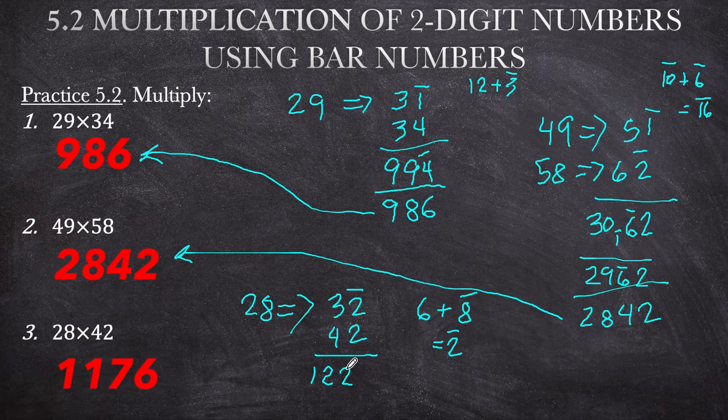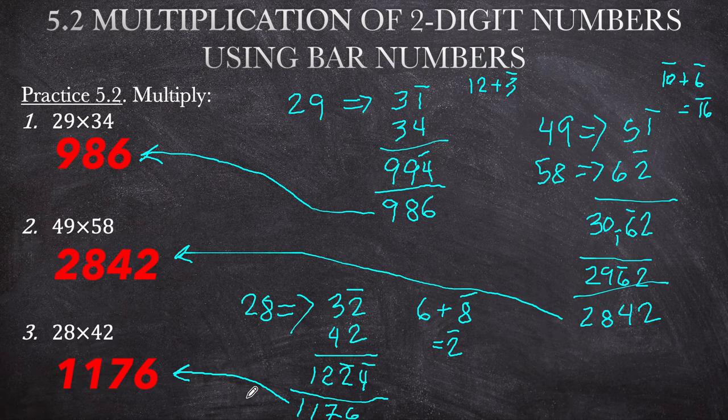So bar 2 here. And then bar 2 times 2 is going to give us bar 4. So all from 9 and the last from 10, this becomes 1, 1, 9, all from 9, 7, last from 10, 6. So what we have is 1176. And that's our answer for 5.2.